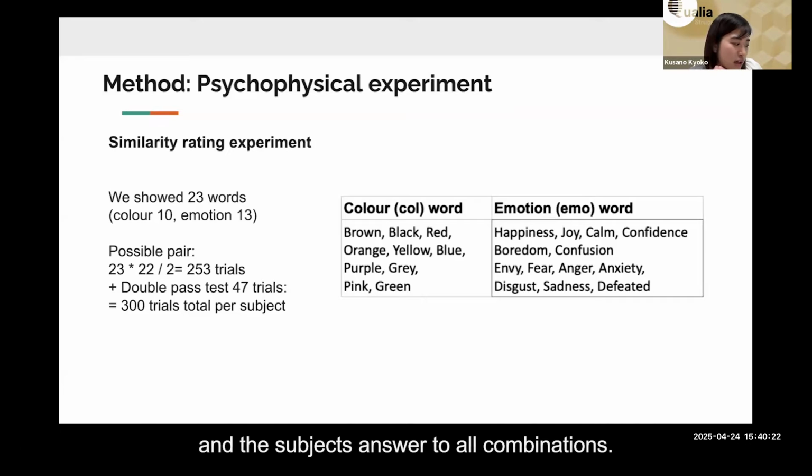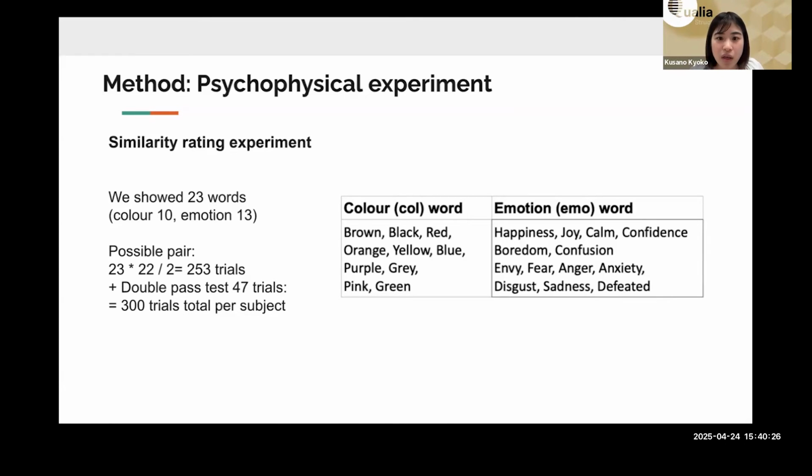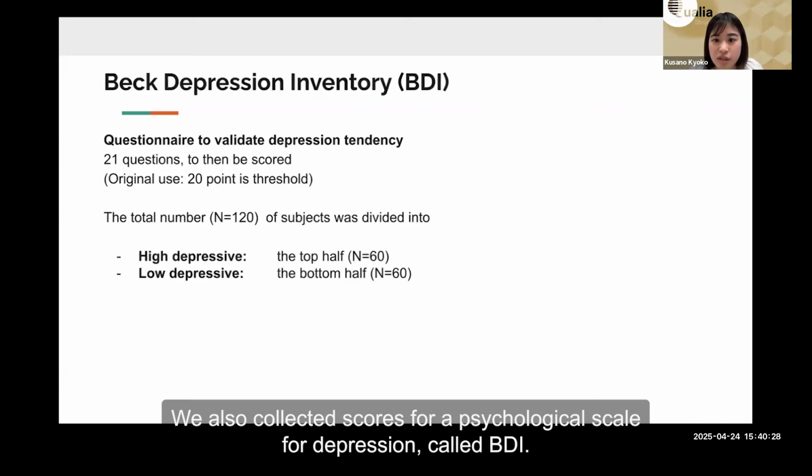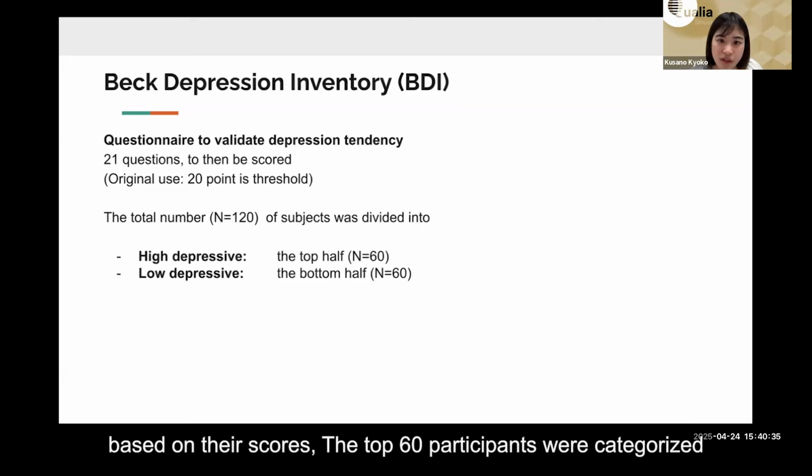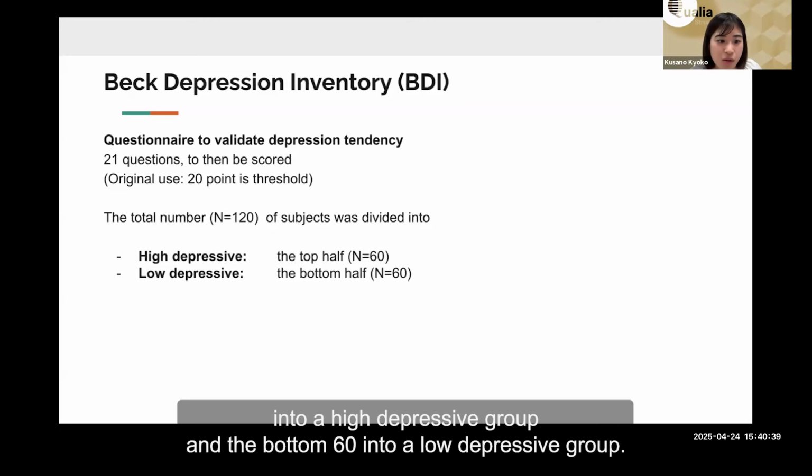And the subjects answered all combinations. We also collected scores from a psychological scale for depression called BDI. Based on their scores, the top 60 participants were categorized into a high depressive group and the bottom 60 into a low depressive group.